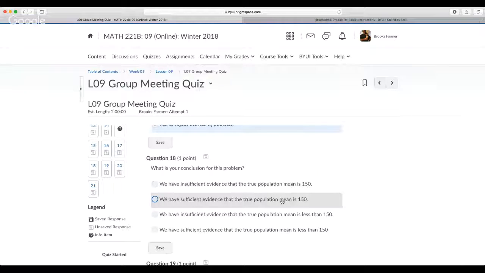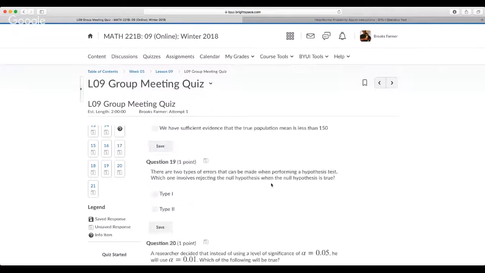That's not what we're testing. We're testing alternatives. So A and B are wrong because they say we are testing the null. We are talking about the alternative. That makes sense? Yeah. So 18 is going to be C. We have insufficient evidence that the true population mean is less than. Yeah, got it.